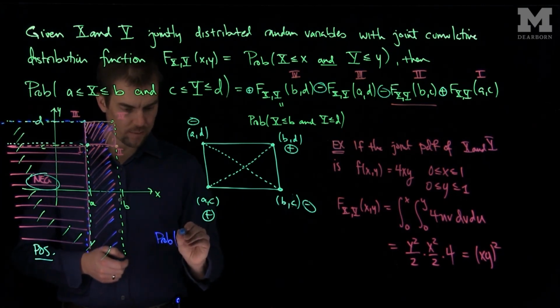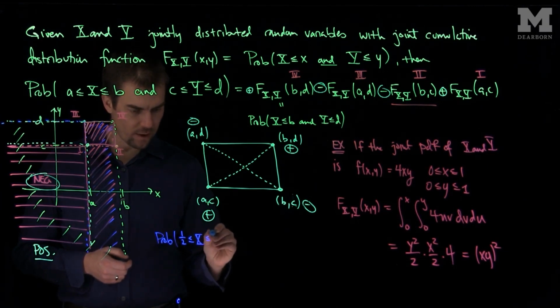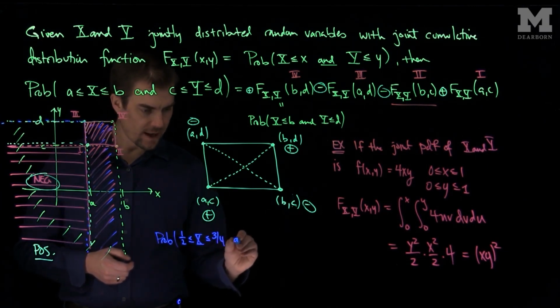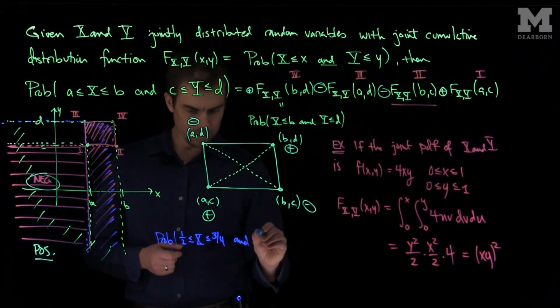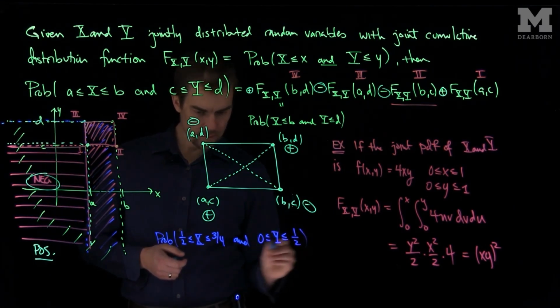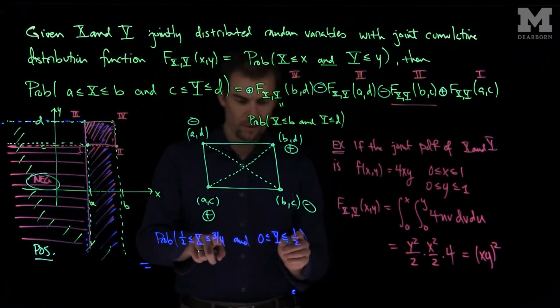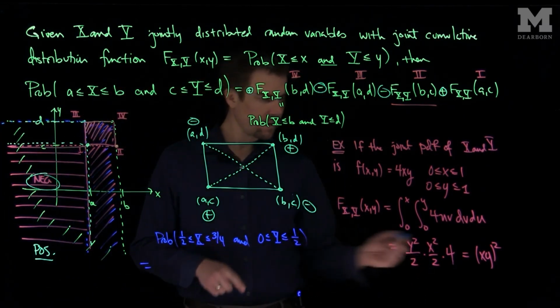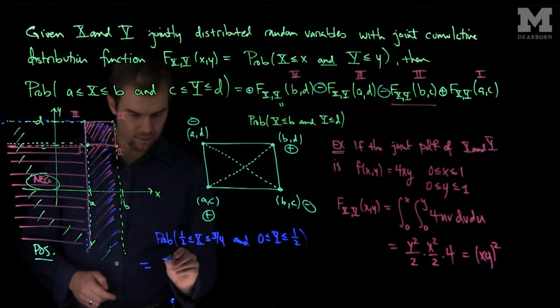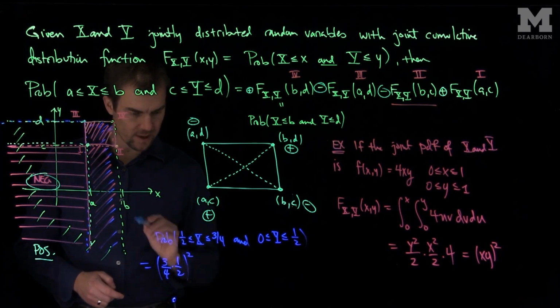So for example, the probability that x is between 1/2 and 3/4, and y is between 0 and 1/2 will be equal to, well, we plug in the 3/4 and the 1/2, and that gets a positive sign. So we'll have 3/4 squared times 1/2 squared with a positive sign.